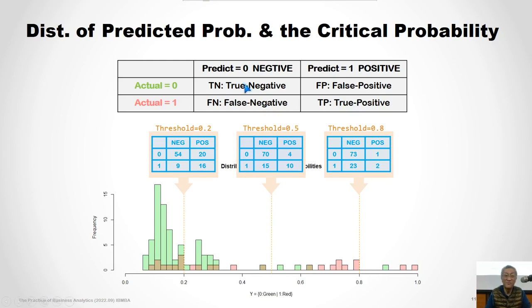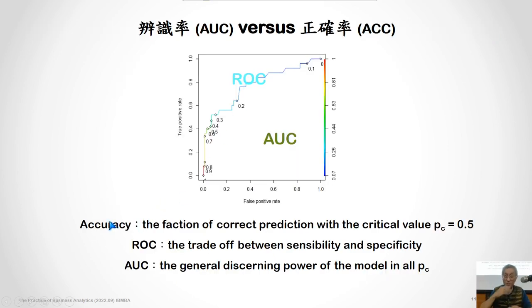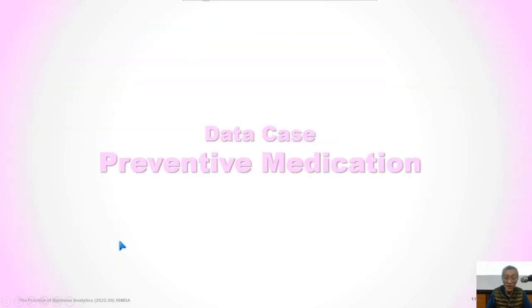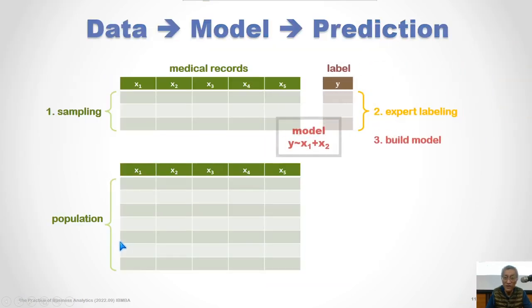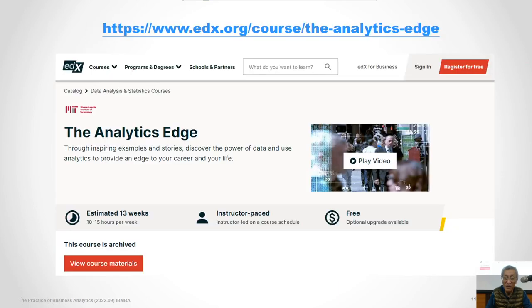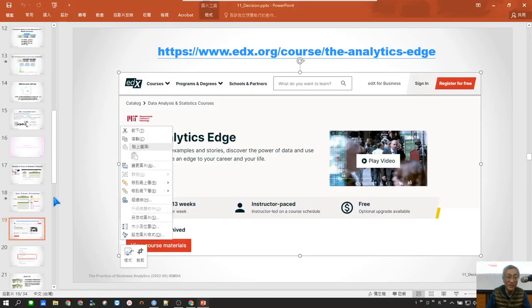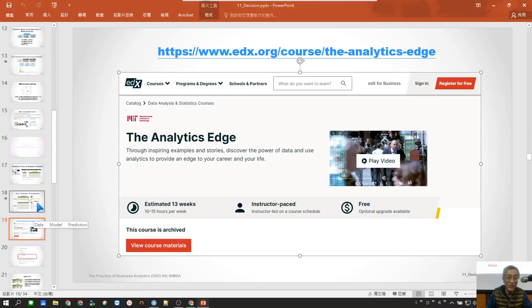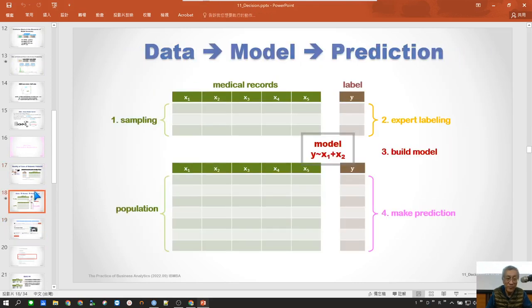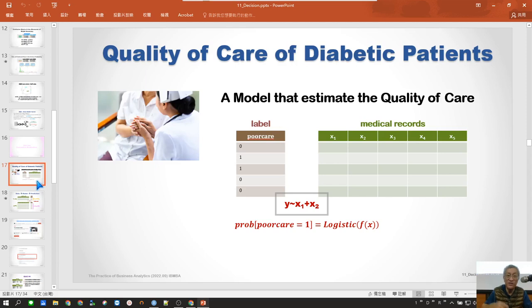So let's jump into the real case. It would be a lot easier. This is the MIT case that we did last week. We want to build a model that estimates the quality of care. So where does the data come from?